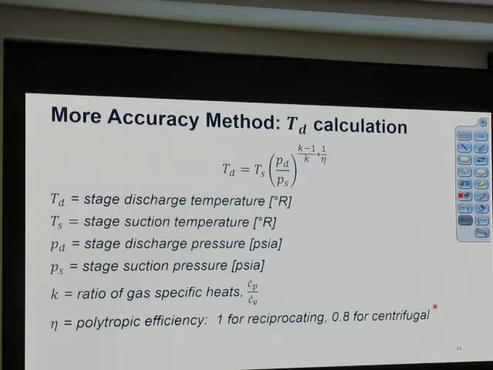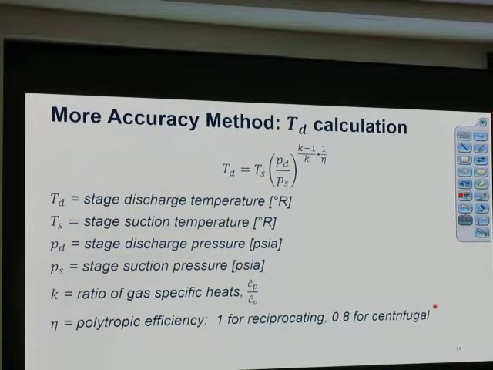What is this TD? Is that discharge after each stage or discharge at the end of every place? Each stage. So this is for each stage. And that number is the stage discharge. Don't use it as a total.